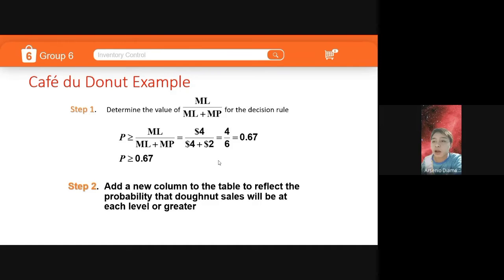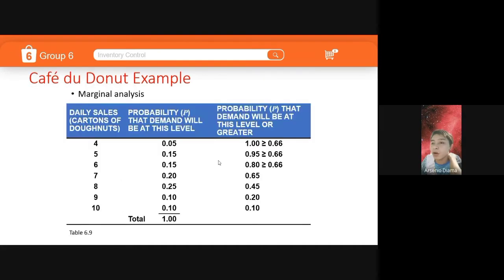Step 2. Add a new column to the table to reflect the probability that donut sales will be at each level or greater. It is the same as in the table, we just add a column.